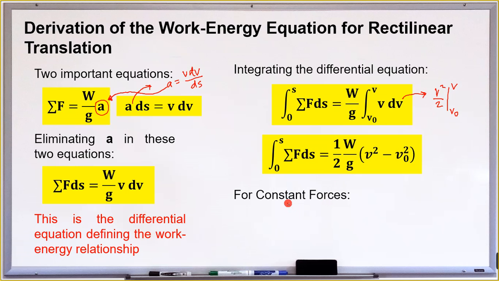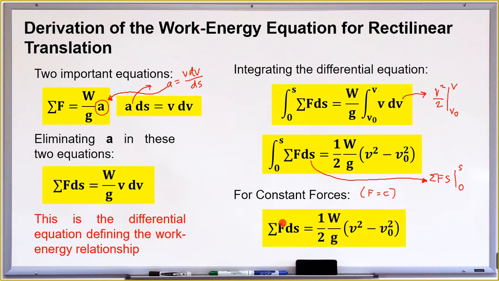And then if the forces are constant, so if this summation of force is constant, then this one can also be integrated. Assuming that the force is not a function of displacement, F equals C or constant, this will be simplified into this form, Fs, evaluated from zero displacement up to the final displacement, or just put summation of F. So for constant forces, this equation will reduce to this one.